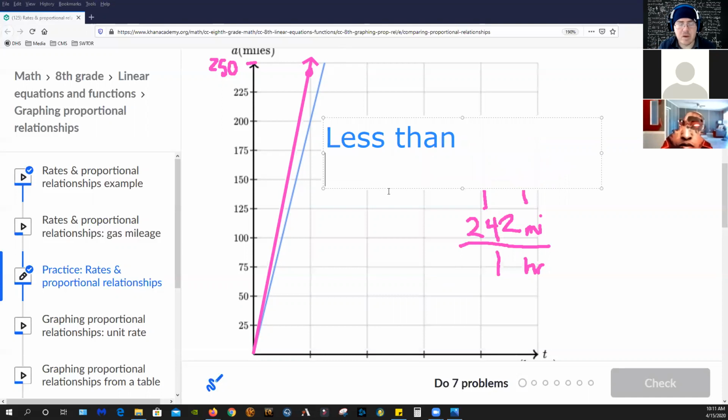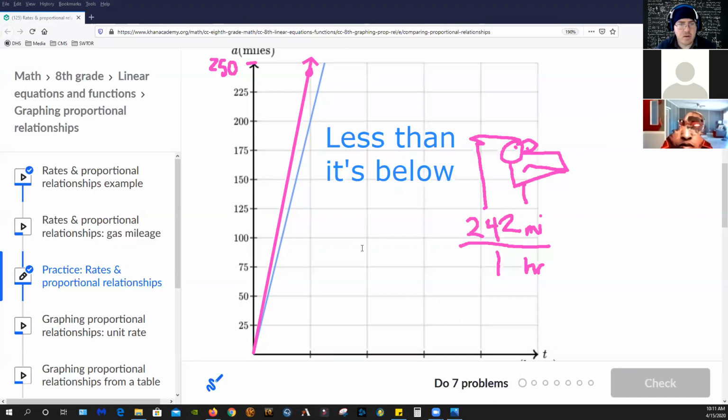It's less than because it's below it. So the correct answer for this one is that this graph is less than a peregrine falcon's speed. Yeah, because you can physically see the blue line is underneath it. That means it's less than.